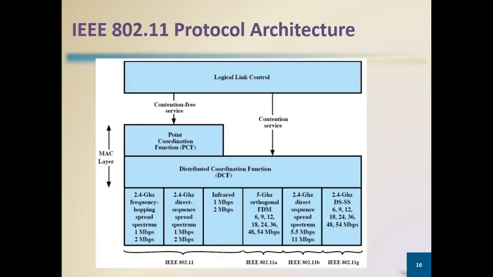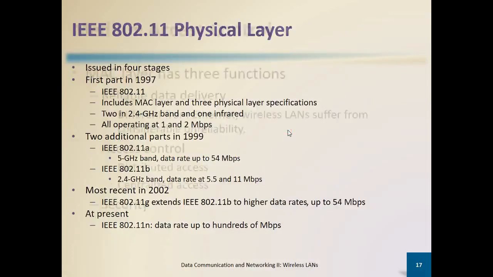So hence all operations do support 1 to 2 megabits per second. Let's go through that. So you do have 2.4 gigahertz bands, infrared, and then all operations support 1 and 2.